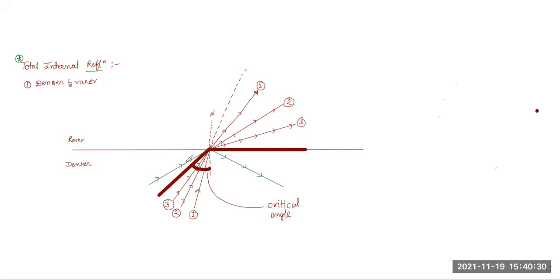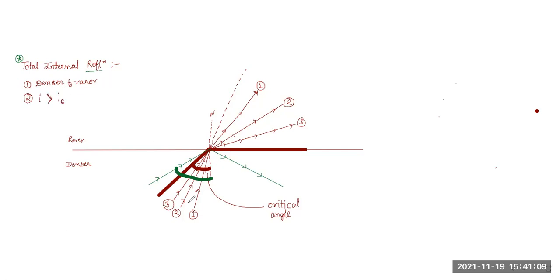Now, if the angle of incidence is greater than the critical angle, we get total internal reflection. So the second condition for total internal reflection is that the angle of incidence must be greater than the critical angle.